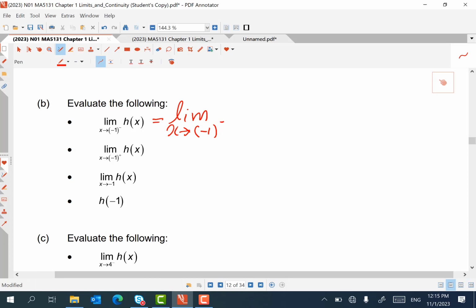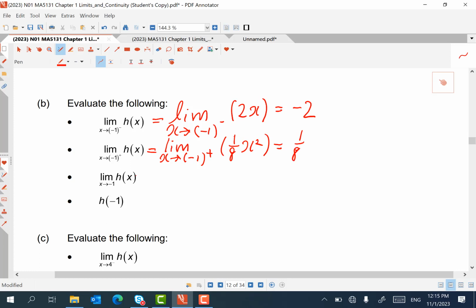So you put this in as 2x first, and this gives you -2. And likewise, for the limit on the right of -1, you should be writing 1 over 8x squared, and this gives you 1 over 8.